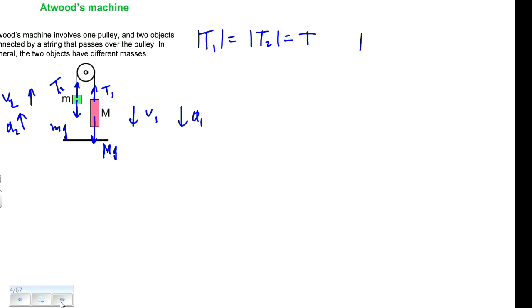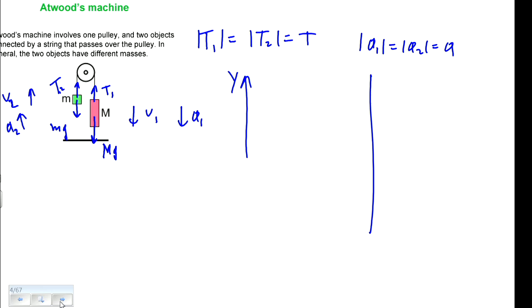However, because the string doesn't stretch, we can apply the same condition again. The magnitudes of those accelerations are equal. Now we got to choose the positive direction. And in this room, we always choose it up for the vertical direction or to the right for the horizontal direction.